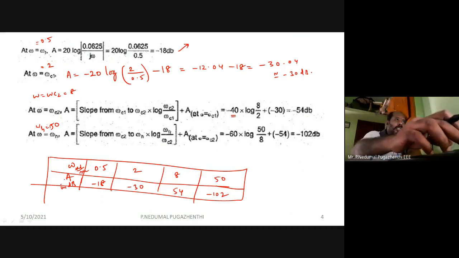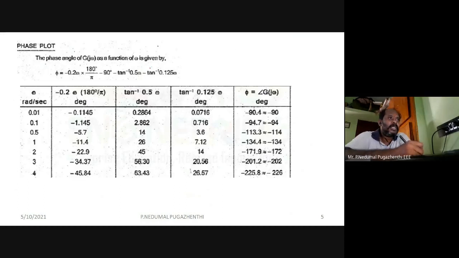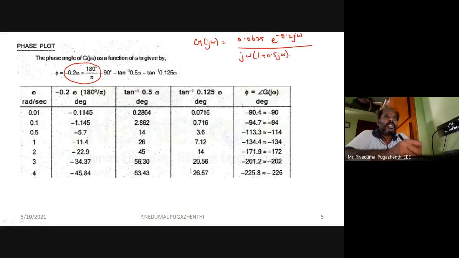Then we go to the phase angle equation. As I said, now this e power minus 0.2 comes into the picture, and to convert that radians into degrees, I multiply by the correction factor 180 by pi, which converts a radian into degree. So minus 0.2 omega into 180 by pi, and if you see your transfer function, it is 0.0625 e power minus 0.2 j omega divided by j omega into 1 plus 0.5 j omega into 1 plus 0.125 j omega.